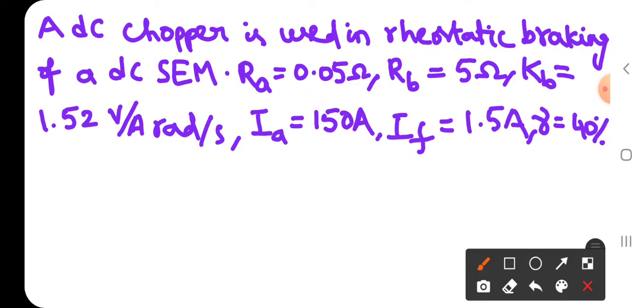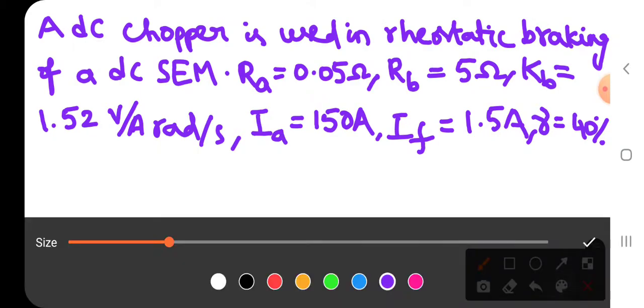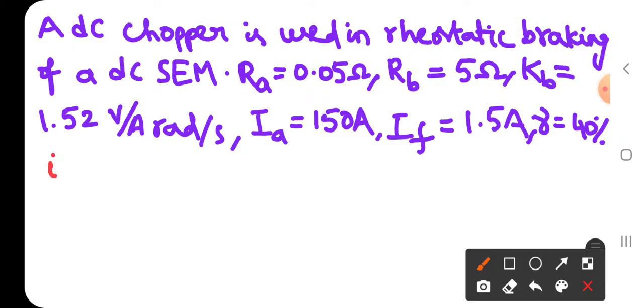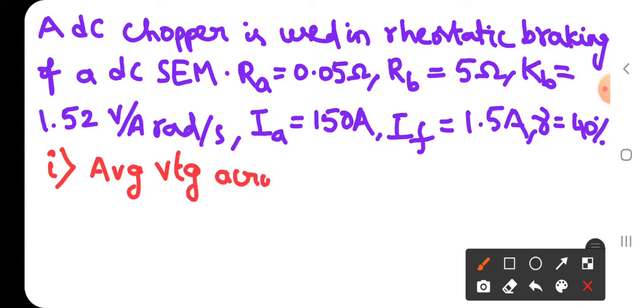Determine, the first one, the average voltage across the chopper, that is VCH.